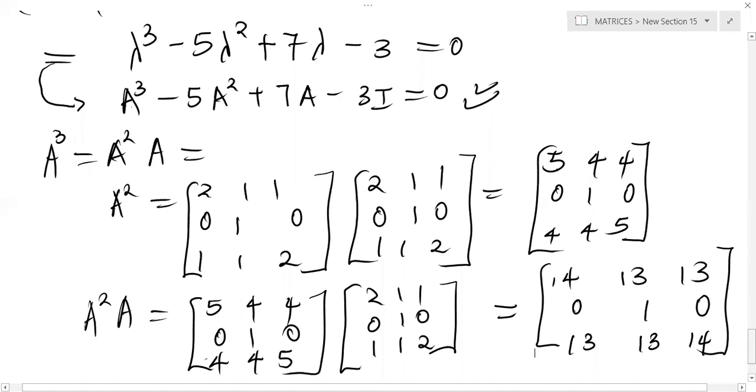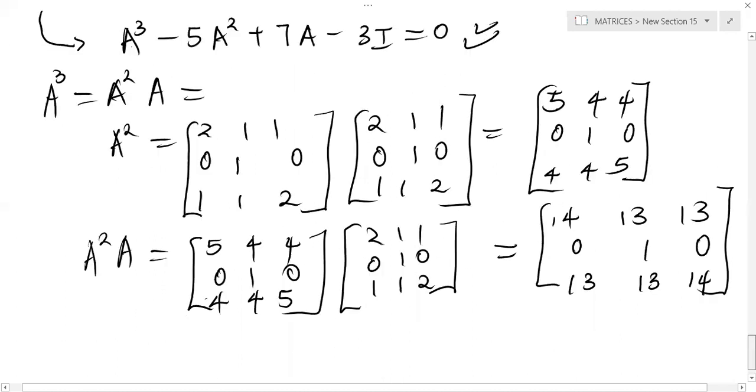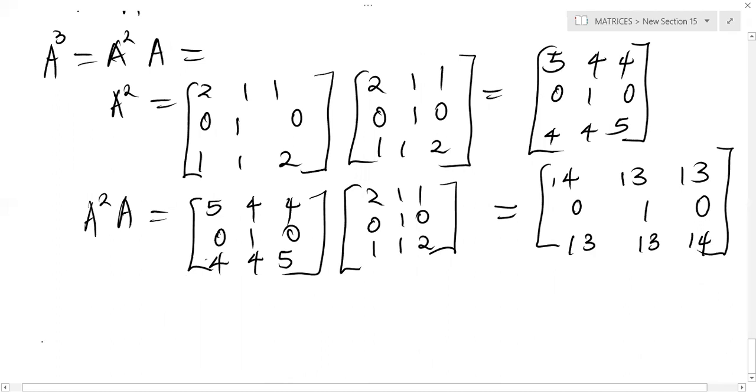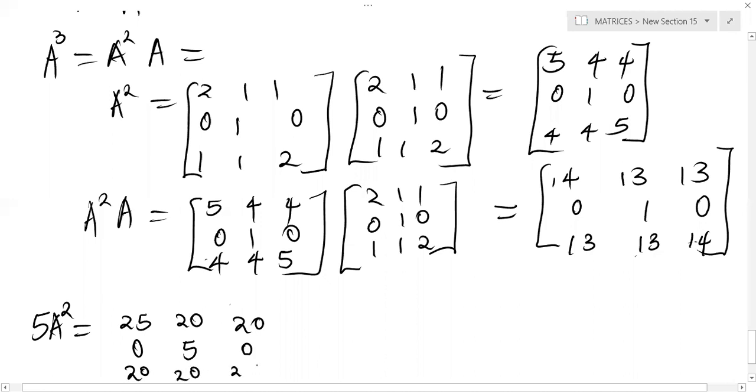So in a similar manner, let's continue and evaluate 5A squared. So we already have our value for A squared as this here. If we multiply that by 5 to get 5A squared, that will basically give us 25, 20, 20, 0, 5, 0, and multiplying with 5 here, 20, 20, 25. That's 5A squared.